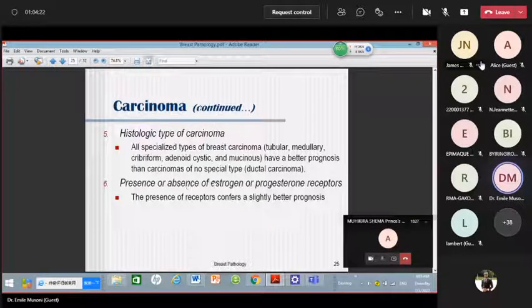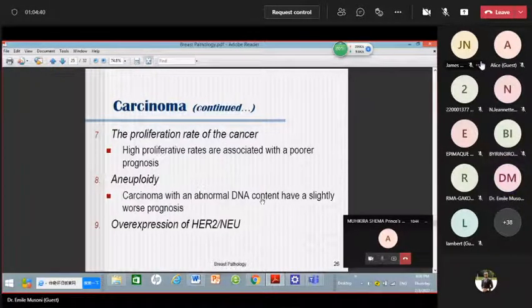Presence or absence of estrogen receptors. This one I have said before. Once you find breast ductal carcinoma, immediately you go for the staining of estrogen and progesterone receptors. The presence of those receptors confers a slightly better prognosis.